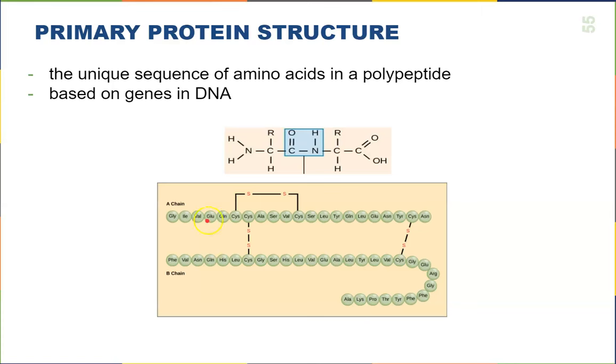So which amino acids we used and which order they're in is very specific, and it is based on your genes in your DNA. Your DNA is going to tell your body, hey, we're going to make insulin, right? So this is insulin, and it has to be in this order. All the amino acids have to be in this exact order, or it's not going to function correctly. It's going to be a dysfunctional insulin protein.